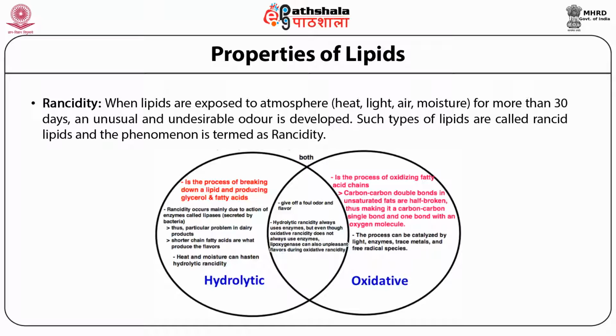Lipids which undergo this phenomenon are referred to as rancid lipids, and the process is called rancidity.